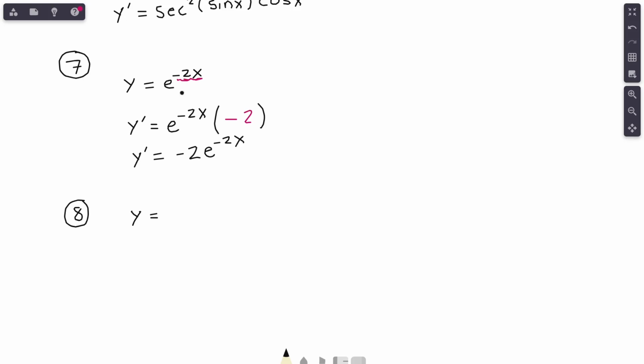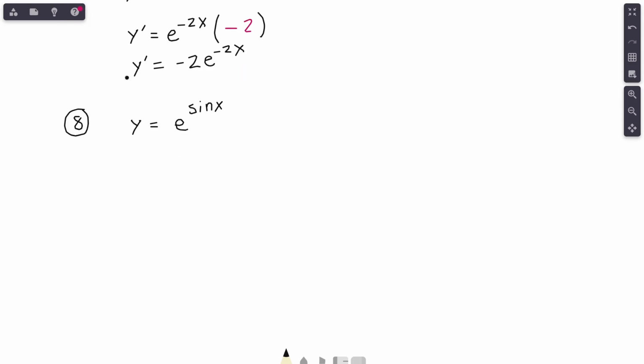Let's do one more just to get the hang of taking the derivative of exponentials. So e to the sine x. Okay, taking the derivative of exponentials, extremely easy. We're just going to rewrite the first part. So e to the sine x, we're just going to rewrite it.